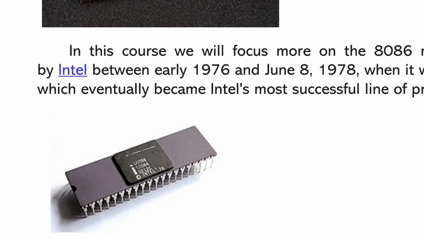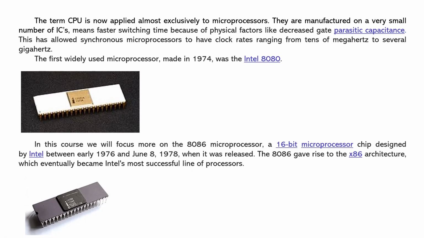We're going to discuss the structure of this microprocessor and how it works. We're going to learn to program it, to run applications using this microprocessor. And basically, if you learn how to use the 8086 microprocessor, then you can apply that knowledge to later processors that came after the 8086.